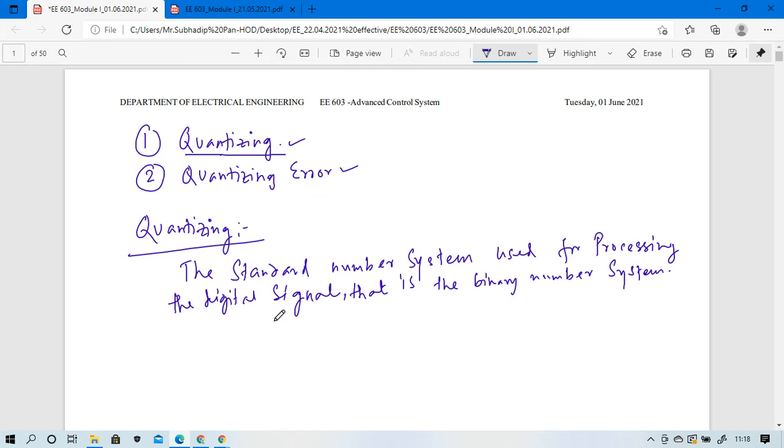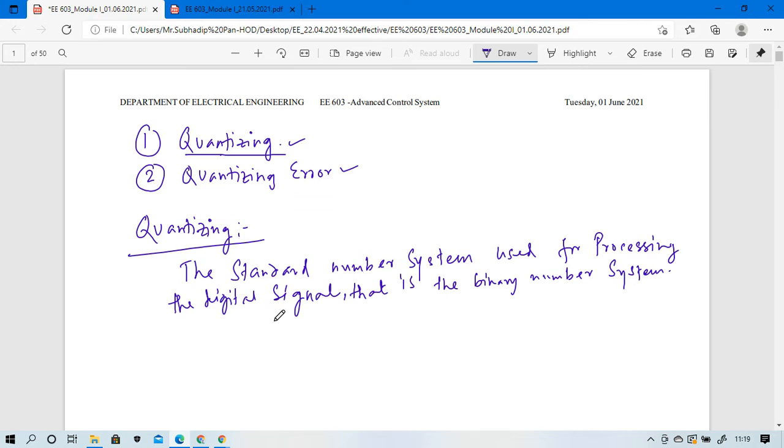If we consider digital electronics, the number system is based on either one or zero. In digital electronics you have conversions such as octal to hexadecimal. So this kind of simple number system can be used for processing any digital signal.